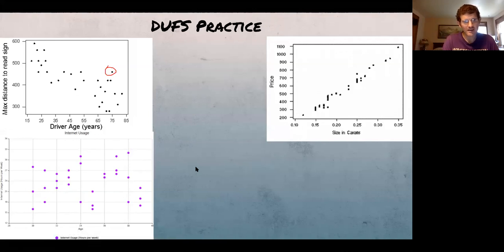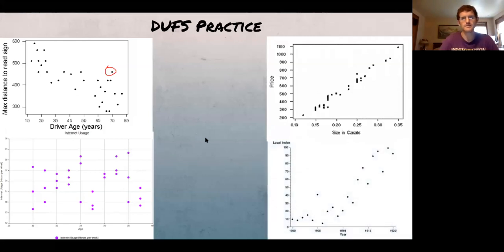So according to this data, don't know if it's true or not, it looks like there's no association between age and internet usage. So if there's no association, there's no direction, there's no outliers because there's no trend, and there's no form, there's no strength. So you can just say there's no association. So this is kind of the easy case. All right, and then this one right here.